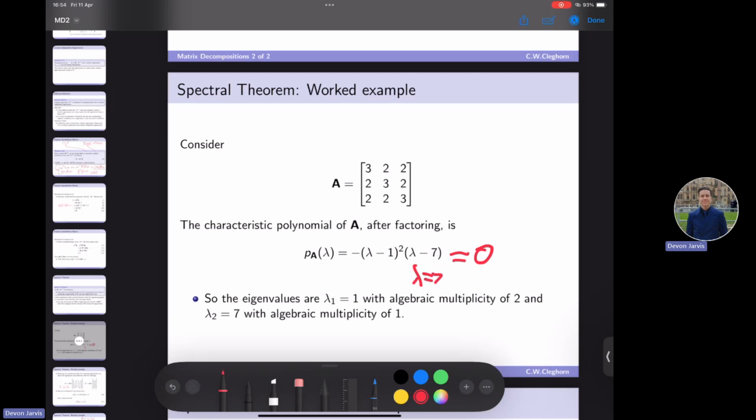Lambda equal to 7 would give me a 0, and similarly, lambda equal to 1 would give me a 0. But that has a power of 2 there, so essentially there are 2 terms. We can FOIL this out and go lambda minus 1, lambda minus 1, lambda minus 7 equals 0. How many times does lambda equal to 1 give me a 0? It's that term and that term.